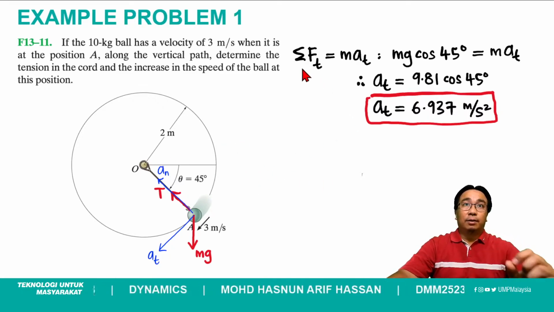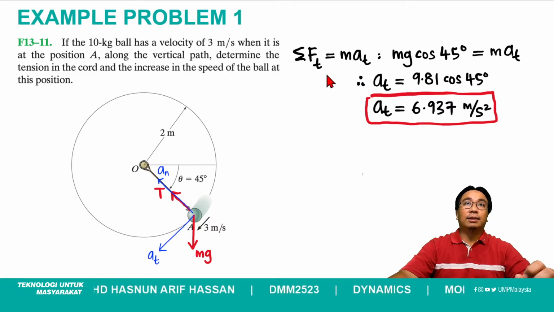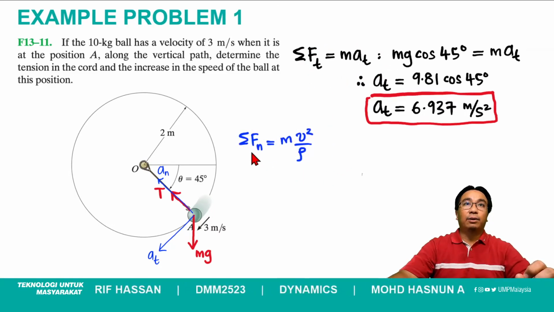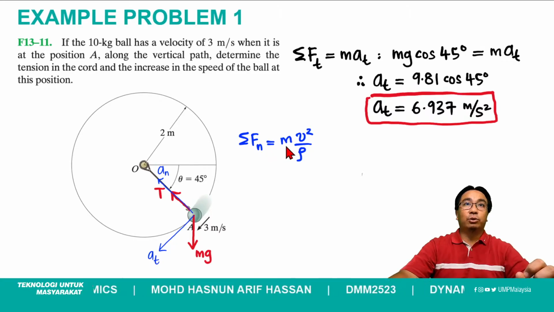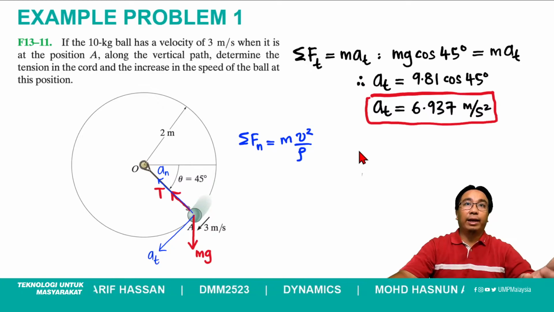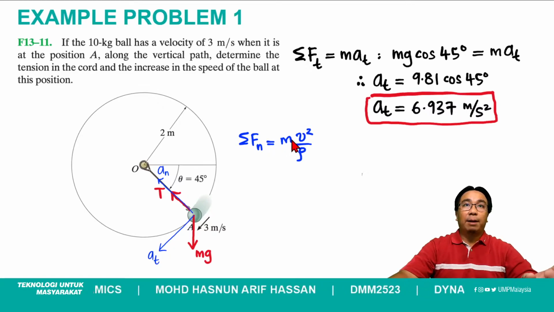Now, after we apply the equation of motion in the tangential axis, we will apply the equation of motion in the normal axis. Okay, Fn is equal to MAN. And earlier we said AN is equal to V square over rho. So you can write Fn is equal to mv square over rho.